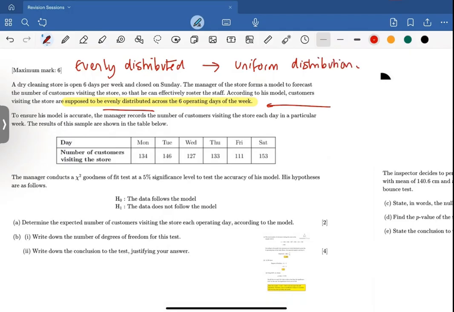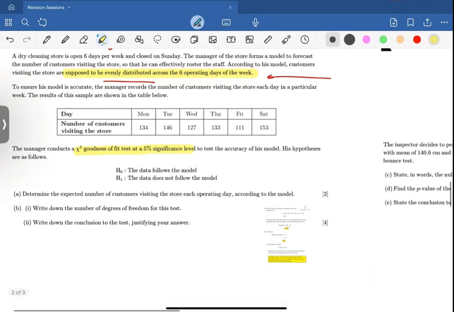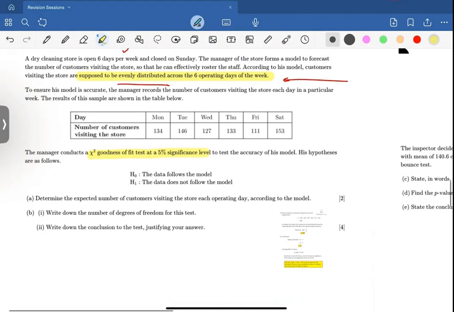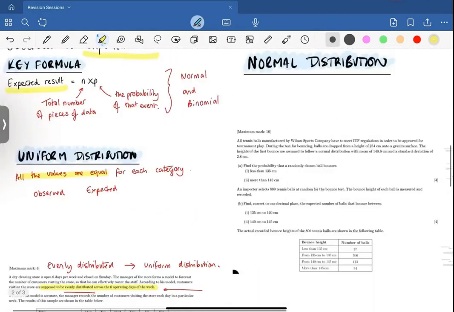Okay, so the manager conducts a chi-squared goodness of fit test at a 5% significance level, and his hypotheses are as follows. Now, I really like this question because these hypotheses are going to be the same for the rest of our tests, for the binomial and the normal as well. So the null is always that the data follows the model.